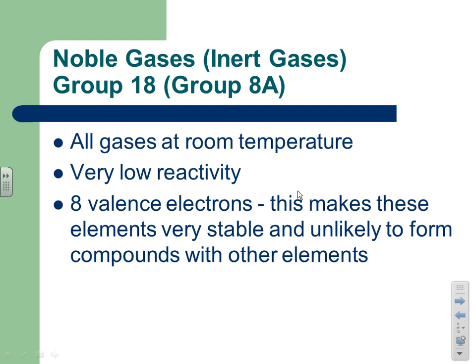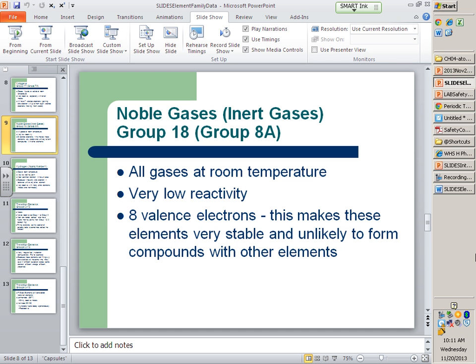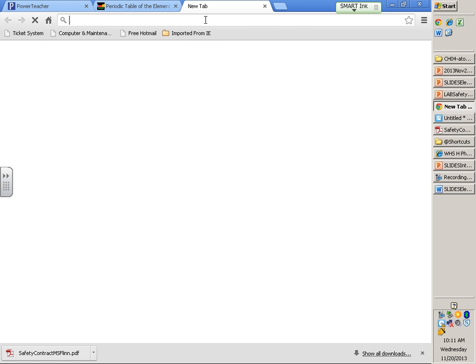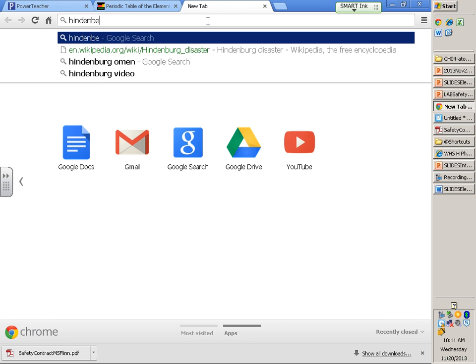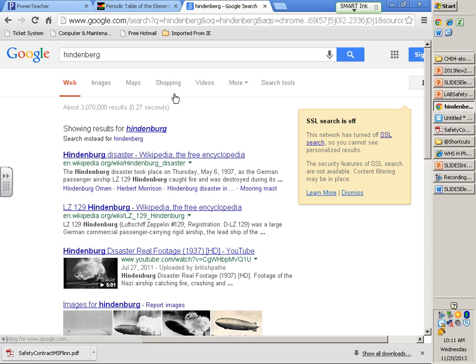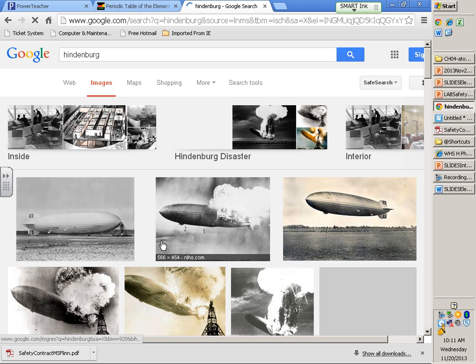One of the reasons why, you guys know the story of the Hindenburg, the blimp that caught on fire, like 1937 or something like that. Well, maybe it's earlier than that, 1917, maybe. Anyway. You've never seen the picture? Come on, big blimp on fire. It's a gigantic blimp on fire that exploded. Come on, Maura. No, I seriously haven't. I've never seen this picture.